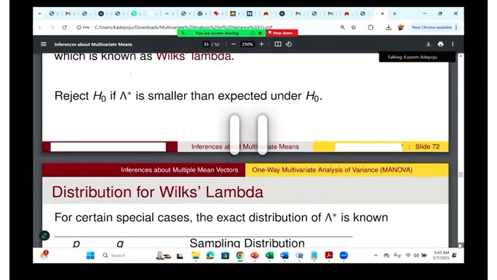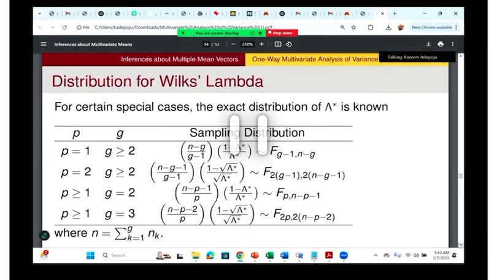Now, this is where I want you to pay attention. We can use different distributions to take a decision regarding the Wilks' lambda, depending on the number of groups you want to compare and the number of variables. When the number of variables equals 1, which is just conventional univariate ANOVA, and the groups are 2 or more, we need to recompute. Please pay attention.